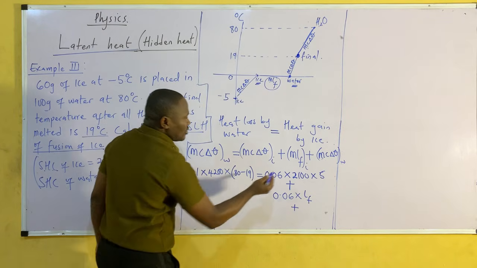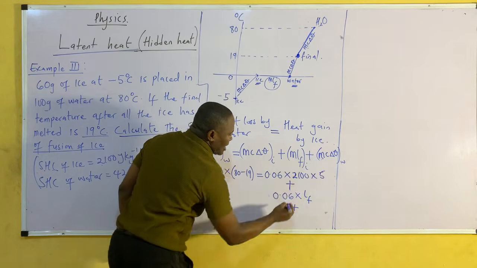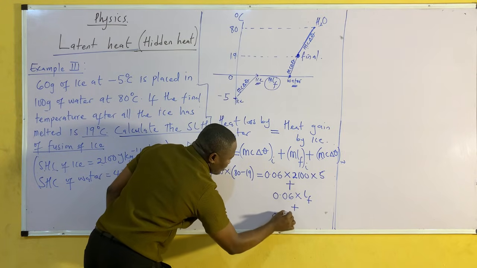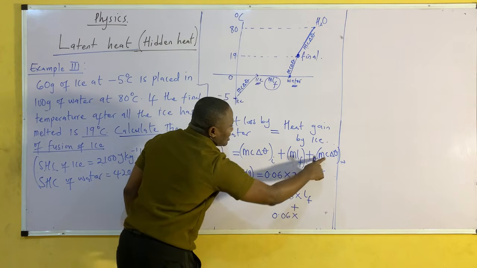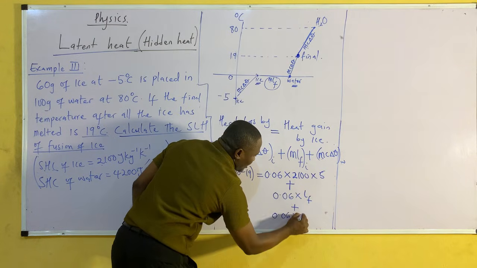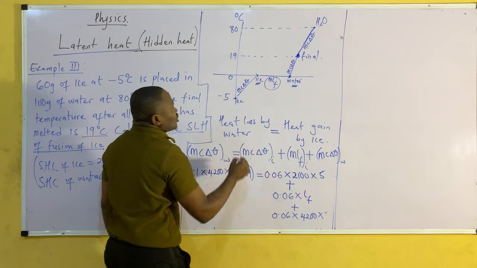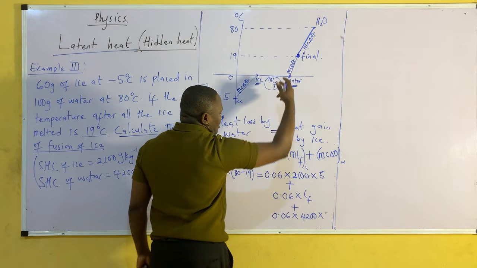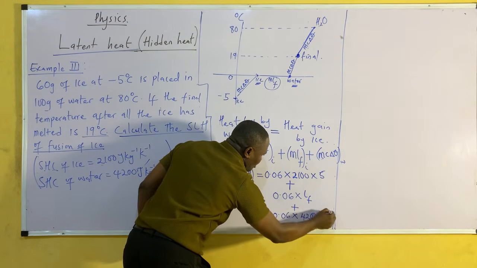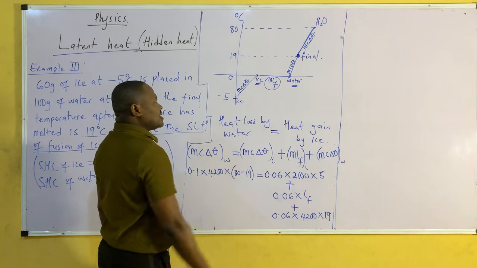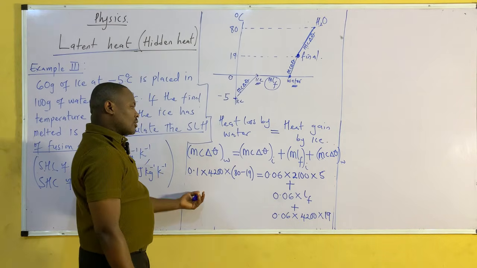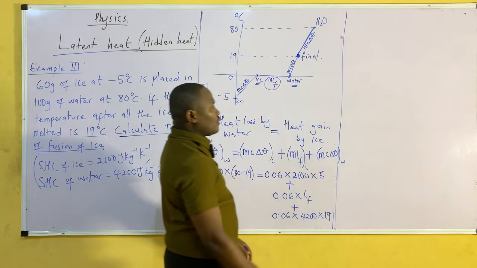So now I'll be using 0.06 times the specific heat capacity of water, 4,200, times the temperature change, 0 to 19, so the difference is just 19. This is the expression. Now, what will be my equation further?